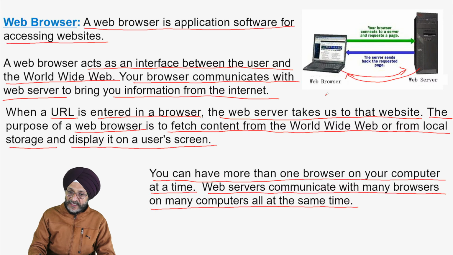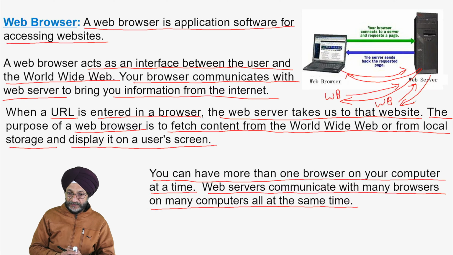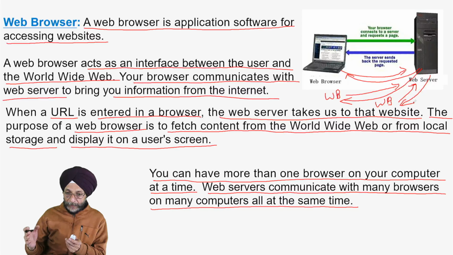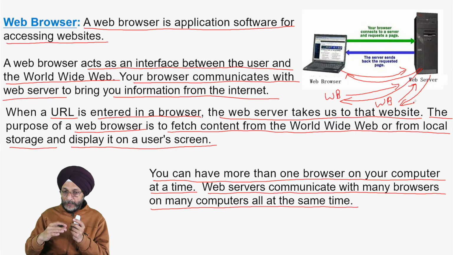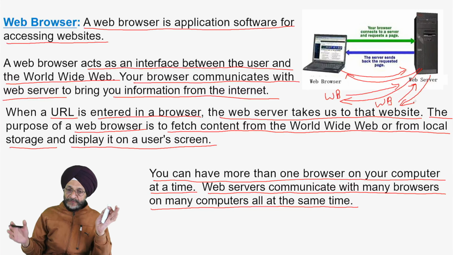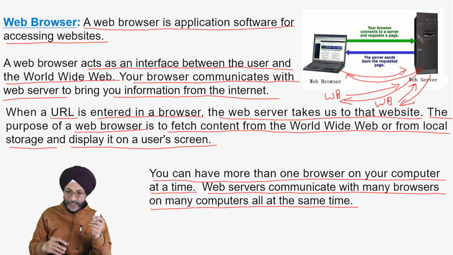If there is another request from another web browser for some other file, then the web server will also at the same time give a reply to the other web browsers. So the web server is in a position to communicate with many web browsers at the same time.